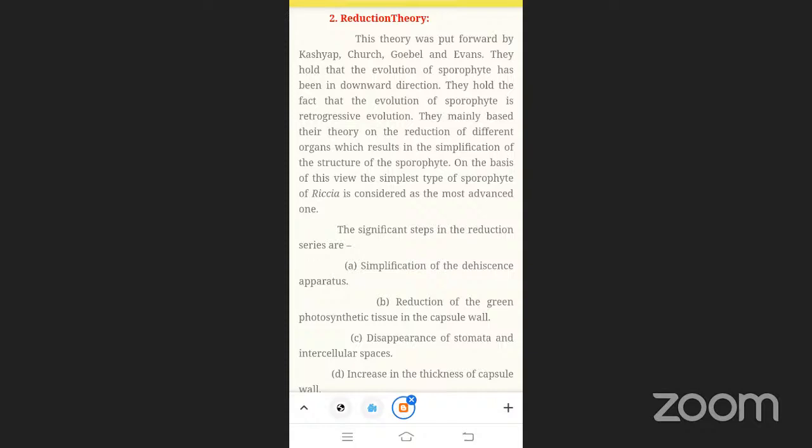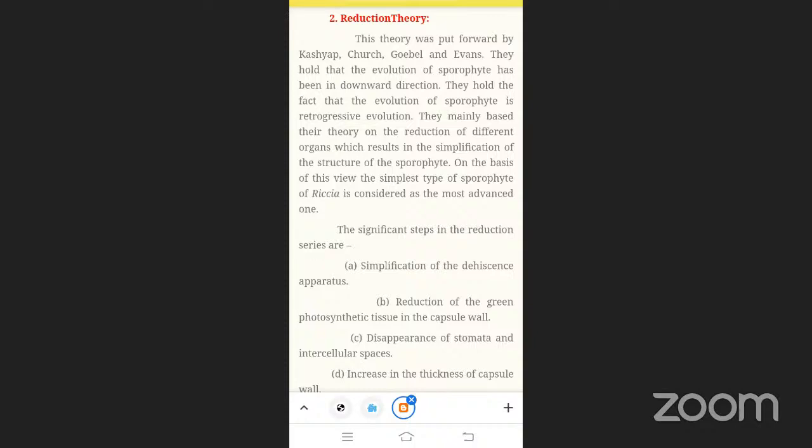From Anthoceros, the internal structure of the thallus, and similarly the archegoniophore, antheridiophore and sporophyte of Anthoceros. From Funaria, only the sporophyte, the structure of the sporophyte of Funaria, is important.